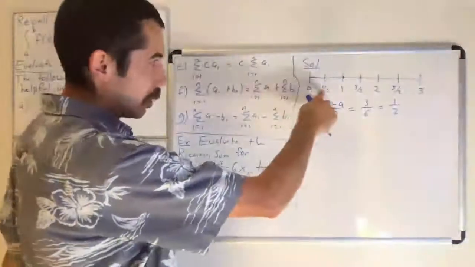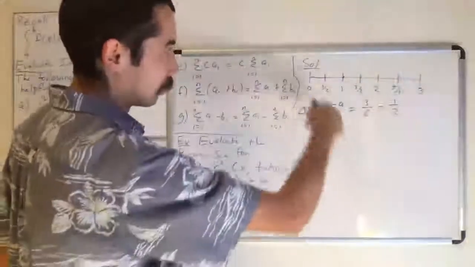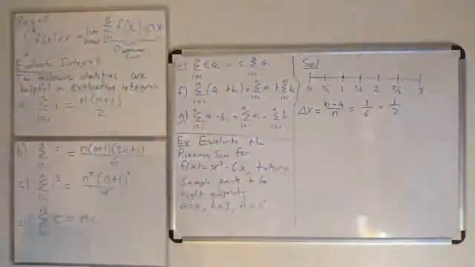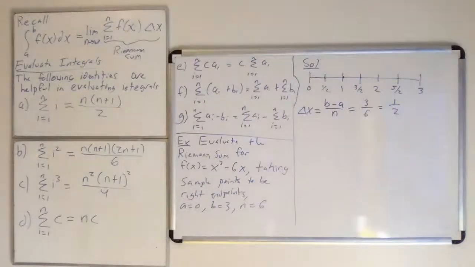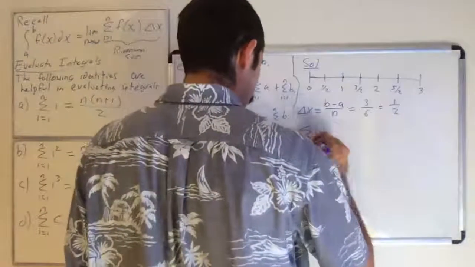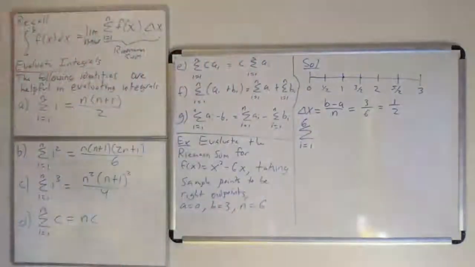I started at 0 and just kept adding 1/2 to get to each next endpoint: 1/2, 2/2, 3/2, 4/2, 5/2, 6/2. Okay, so what we want to do is evaluate the sum from i equals 1 to 6 in this case.